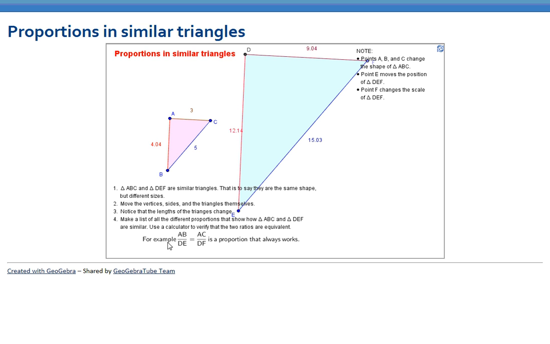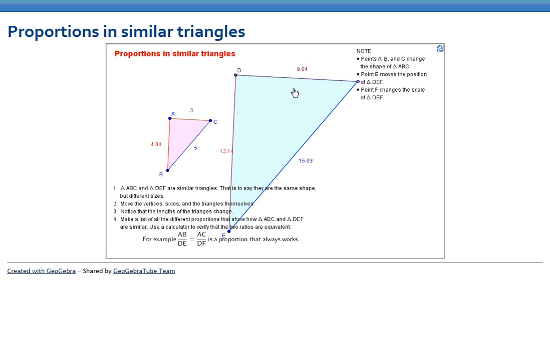And it says that down here. AB divided by DE, now these are both referring to lengths of the sides of the triangle, is going to be equal to AC over DF. Because angle A and angle D are corresponding angles. B and E are corresponding angles, and C and F.